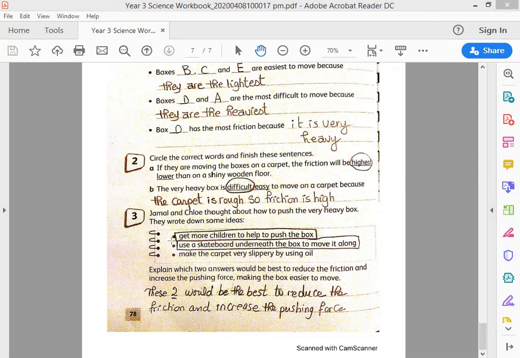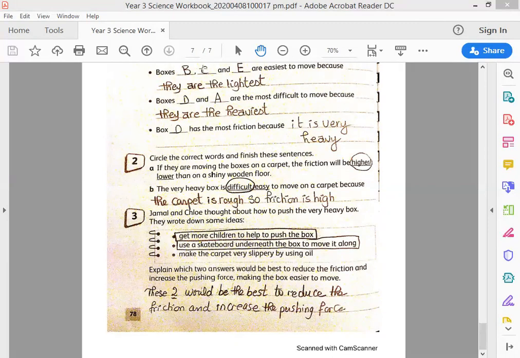Okay, question 3. Jamila and Croy thought about how to push a very heavy box. They need some idea to help them to move the heavy box easily on the carpet. They suggested 3 sentences, and he asked you to choose which 2 sentences are the best to reduce the friction. Which 2 options are going to help them to move the box easily?